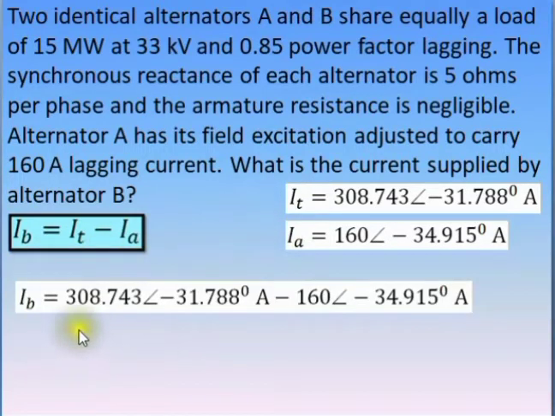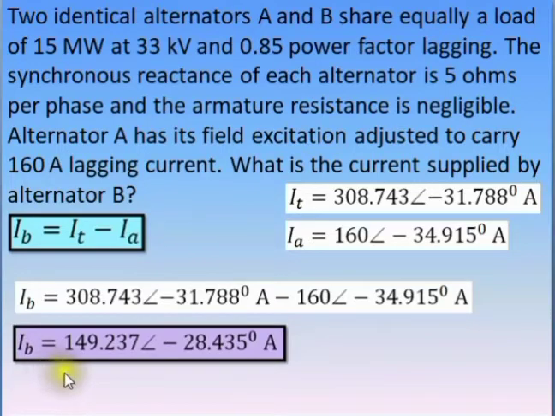We have 308.743 angle negative 31.788 degrees amperes minus 160 angle negative 34.915 degrees amperes. Magkakaroon tayo ng 149.237 angle negative 28.435 degrees amperes or simply 149.237 amperes. So, ganun, intindihin lang po natin yung problem kung paano po natin masosolve ito.